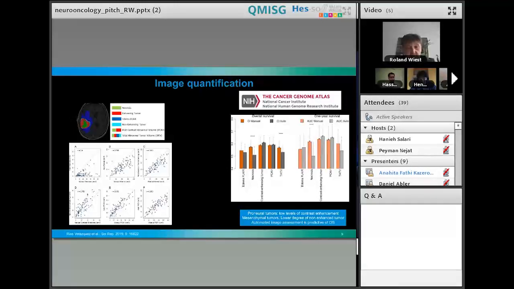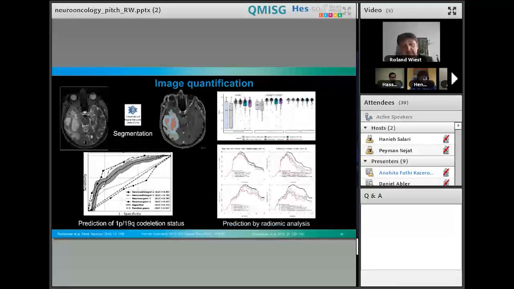And it can also be shown that the composition of these tumors ahead of therapy, that means if you have a native tumor in the very beginning, that this discrimination of the contrast enhancing portion and the discrimination of the necrotic portion has a predictive value for the outcome of the patient, irrespective of the therapy that is applied to the patient. So this is a very important point. Then secondly, of course, the segmentation has dramatically improved throughout the last years with the help of deep learning.